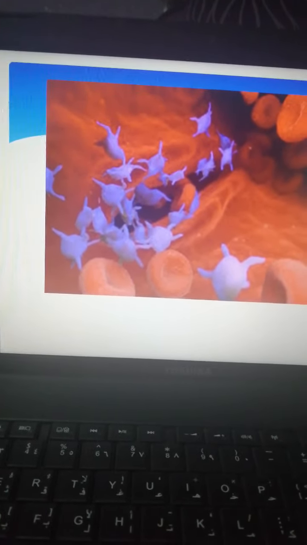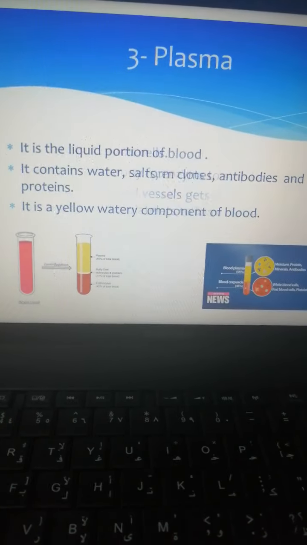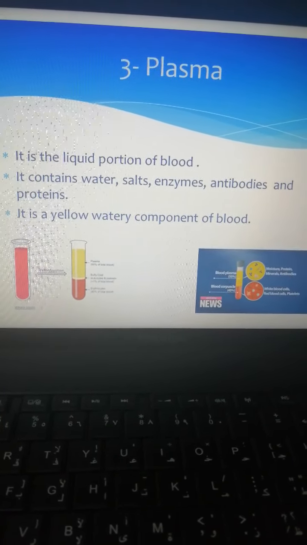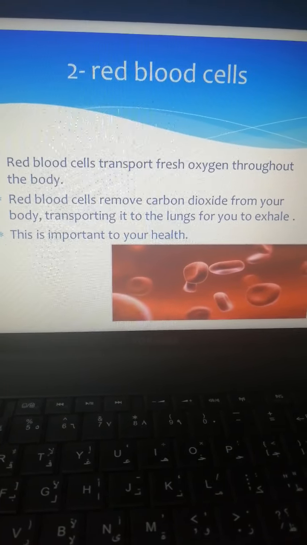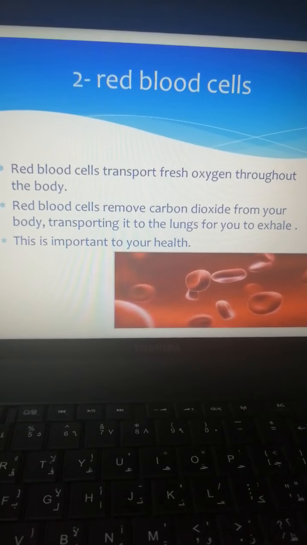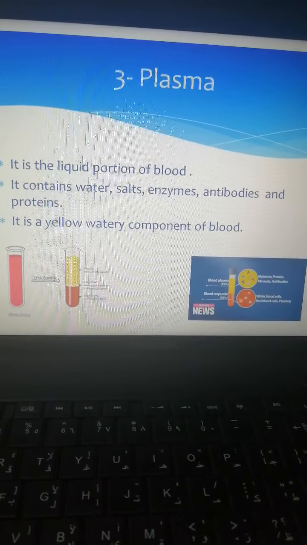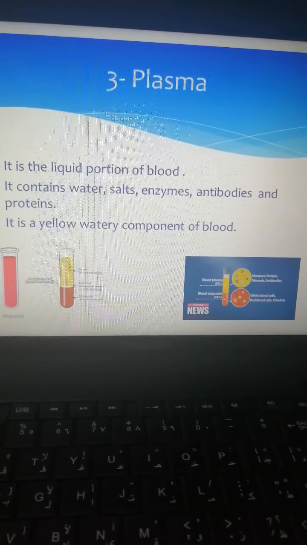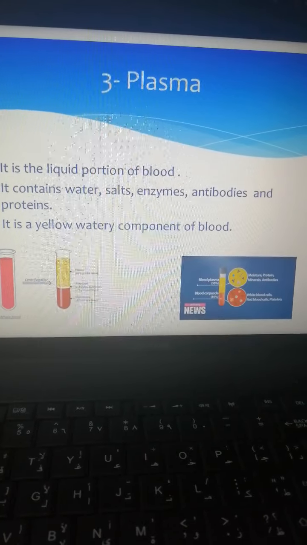Red blood cell and the platelet. So in this session, we talked about the four components of blood and their functions. White blood cells defend against microbes. Red blood cells transport oxygen to the body and remove carbon dioxide from the body to the lungs. Plasma is the yellow watery, liquid portion of blood, and contains enzymes, antibodies, and proteins.